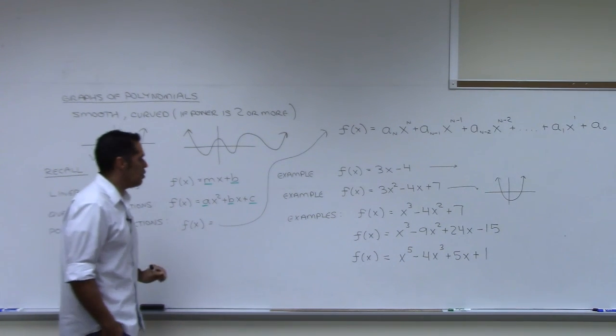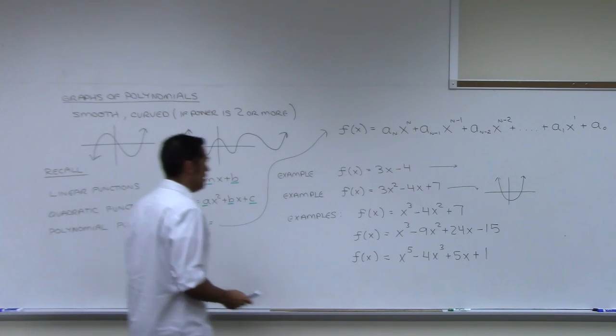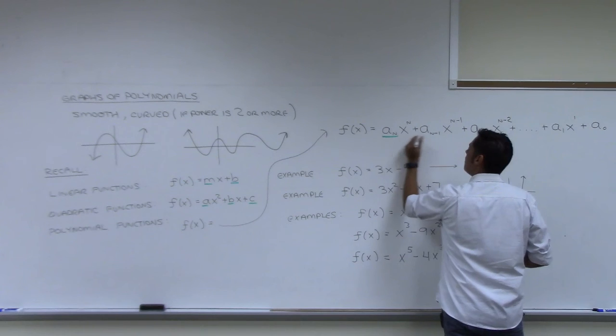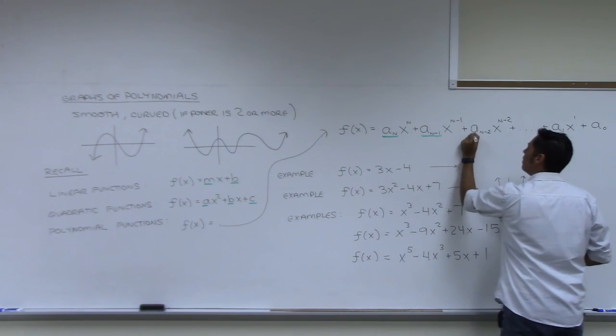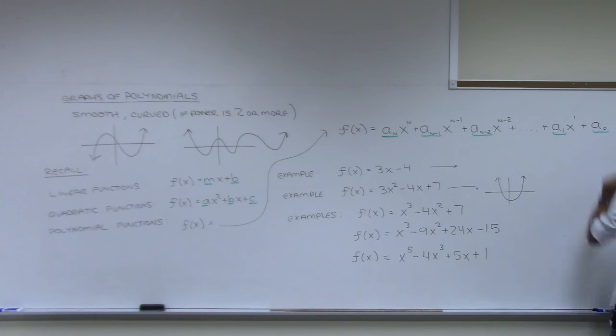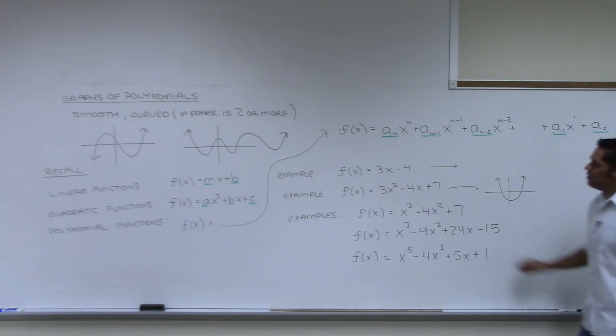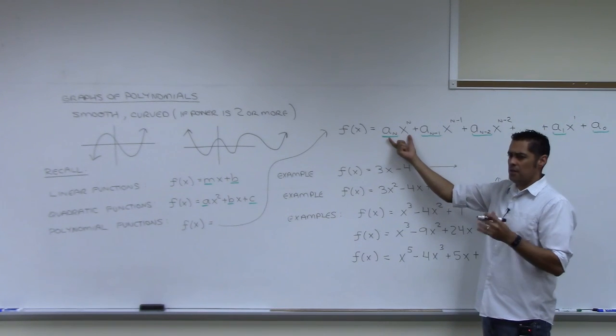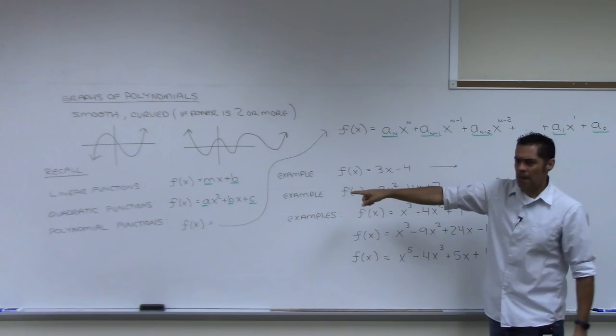Here's why. I'm going to underline some stuff in green. This right here, this right here, this right here, this right here, and this right here. What do you think all those really are? I mean, what do you think this represents? Well, the whole thing together is a monomial. But go back over here.